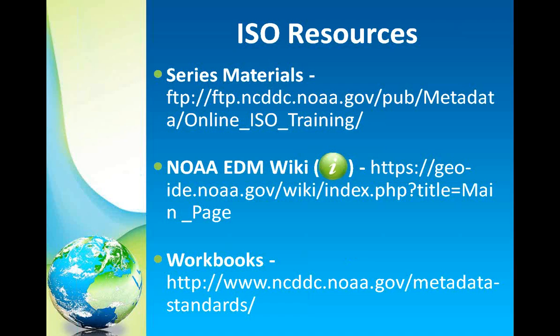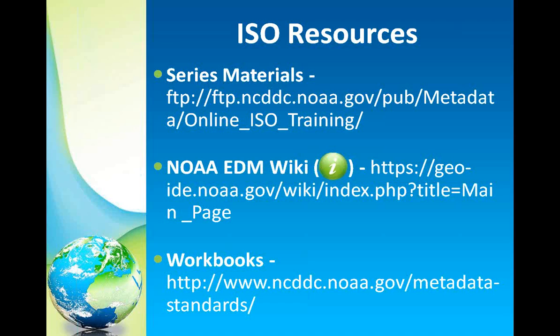These are the materials. Again, just review the materials that we've been using for the series. They're available on our FTT. If you go to the FTT Online ISO training and then go to the ISO series, which is the series that we're using here. Some other resources is the NOAA EDM Wiki, which is the Environmental Data Management Wiki for NOAA.